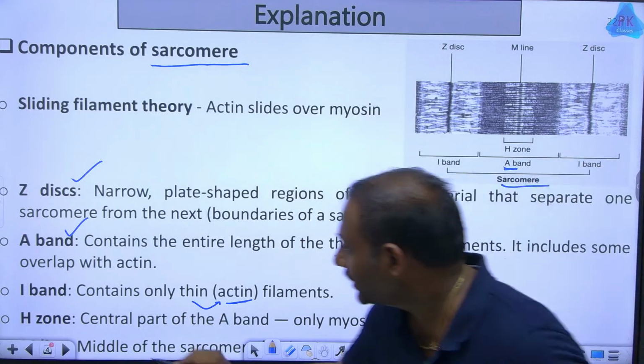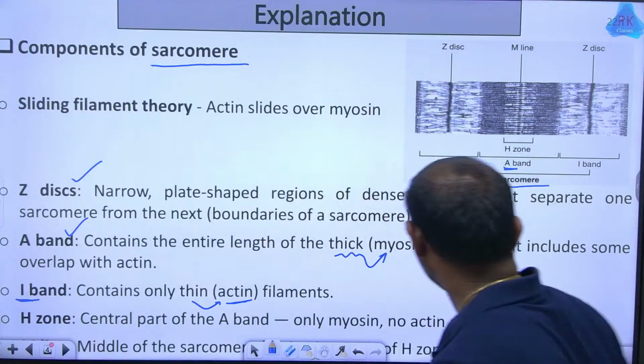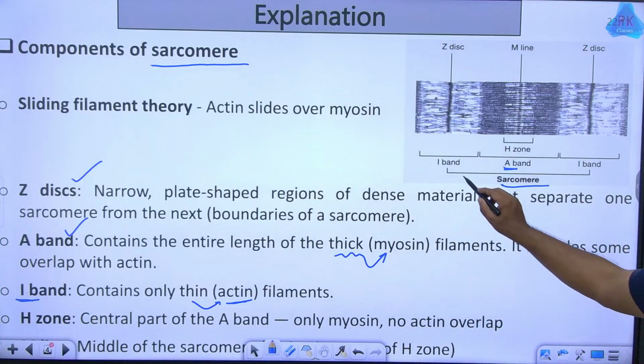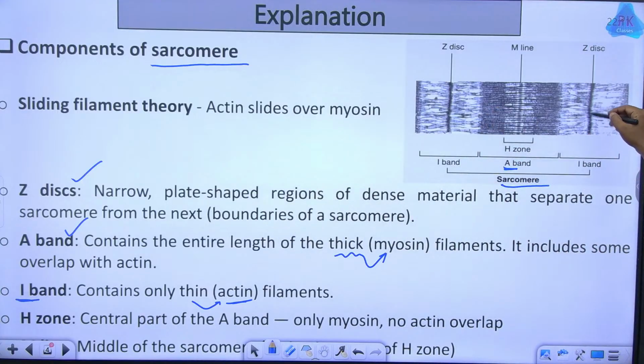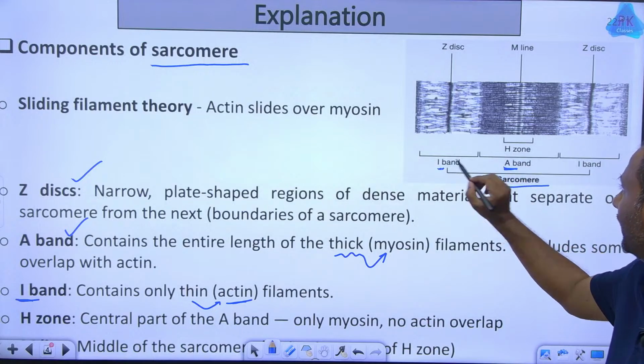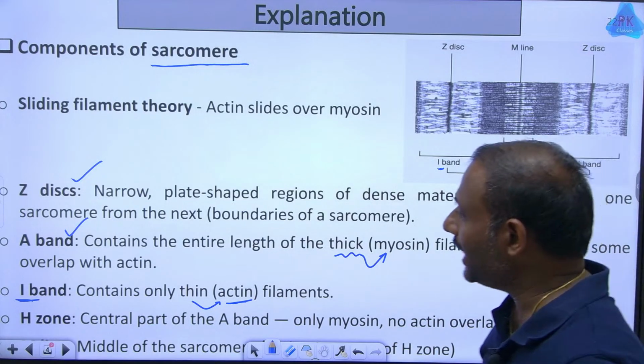ठीक है. Then I band. So this I band is completely for the lighter chain, the thin actin filaments. ठीक है, ये I band है. Then H zone.